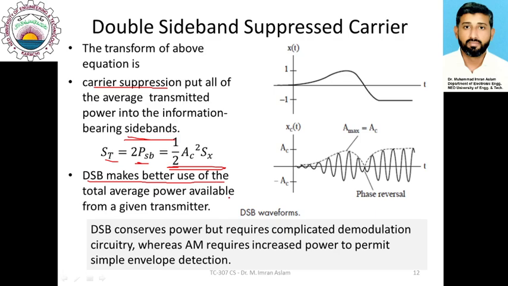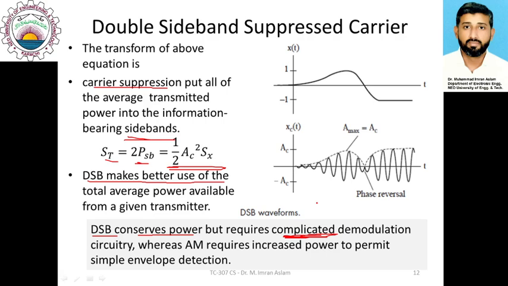However, there is a trade-off between power and complexity, because DSB conserves power, but at the receiver side the demodulation process becomes complicated because we need to incorporate the phase information as well.